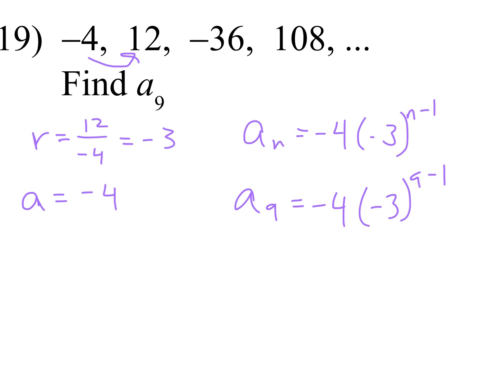What do we have to do first? Nine minus 1, which is 8. So then negative 3 to the power of 8. Perfect. And that times negative 4.